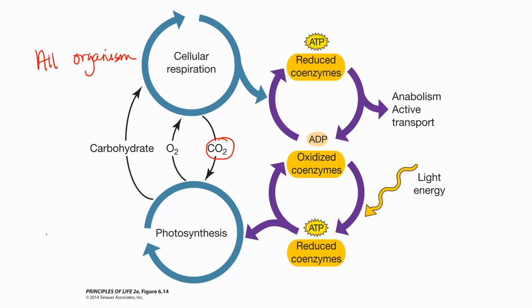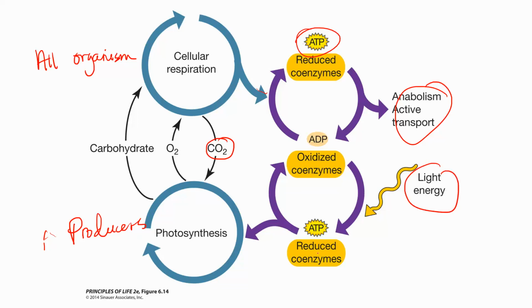Photosynthesis is only performed by producers, plants, algae, and certain bacteria. Now, keep in mind, cell respiration is going to make ATP. That's used to power things that are happening in the cell. Whereas photosynthesis has an input of light energy, that ATP is then used to make sugar.